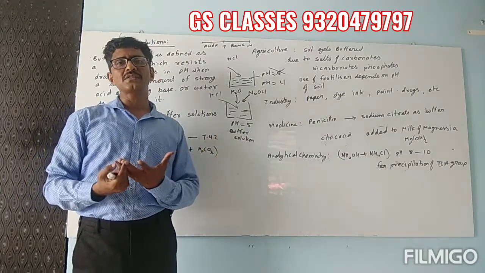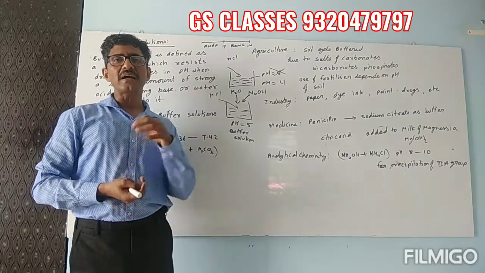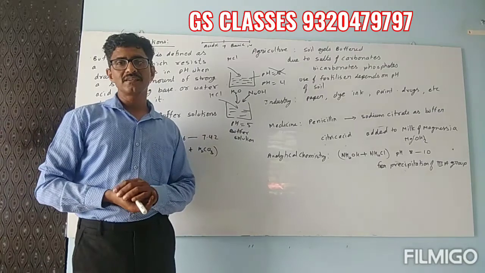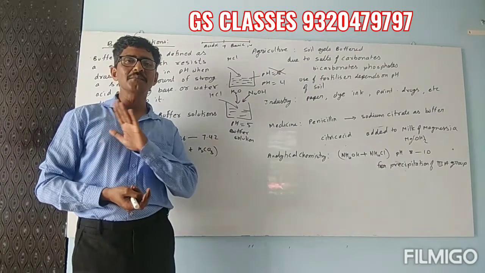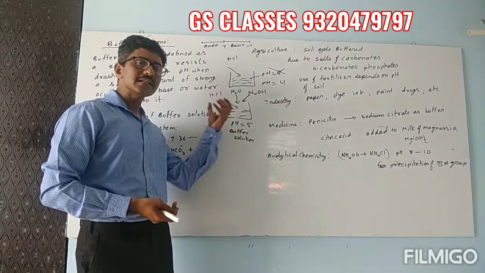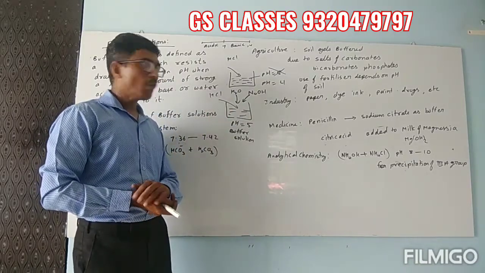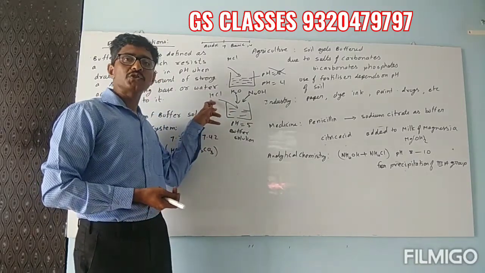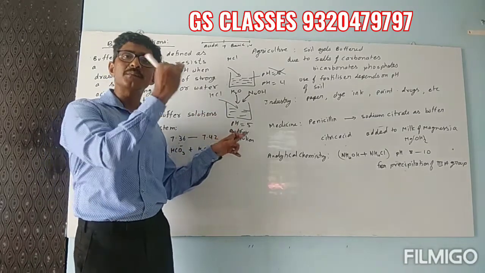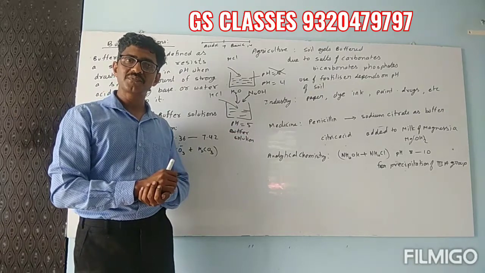How is it possible that we are adding acid but the pH value is not changing? Don't worry, it's not a miracle, it's simple chemistry. Some chemicals are present which will consume hydrogen ions, hence the pH value will not be allowed to increase.